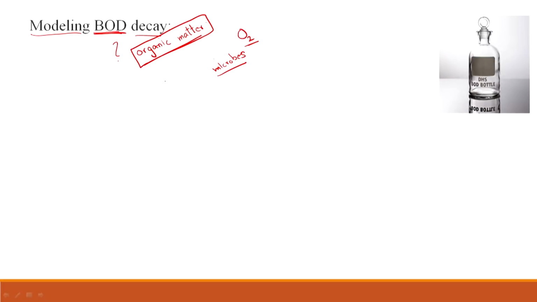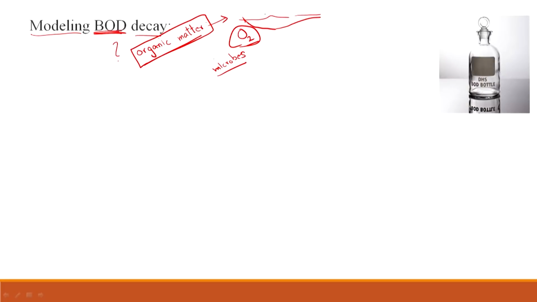And why are we concerned about that organic matter which can be measured by BOD? Because when I release this organic matter into the river, let us say, it is going to start decaying, meaning it is going to consume oxygen. So, oxygen content is going to decrease, and once the organic matter has been consumed, it is going to start increasing again.